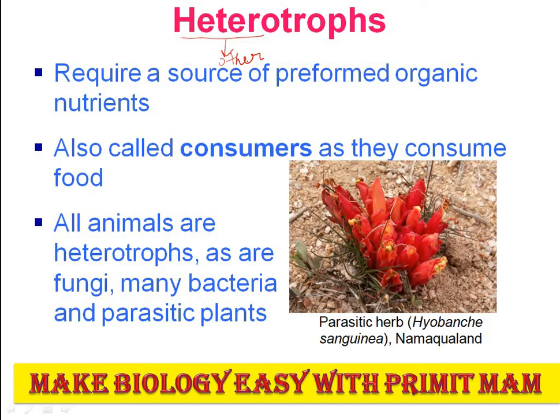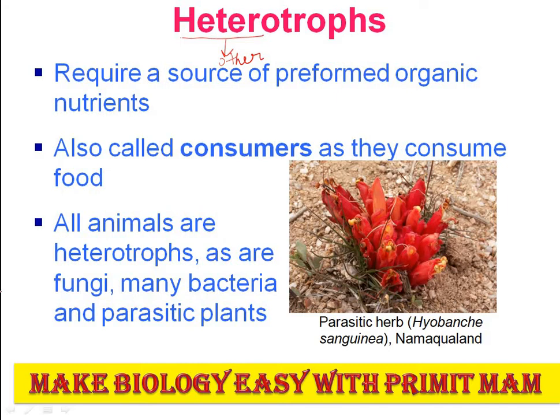So these organisms depend directly or indirectly on the producers. Directly means the consumers directly consume the producers. Indirectly means they are not consuming the producers directly, but they are consuming something else which is dependent on producers.